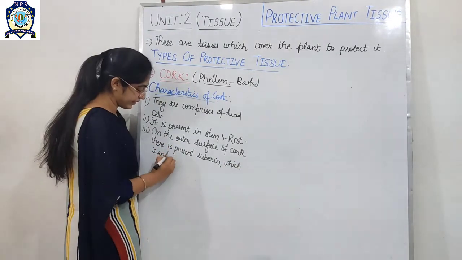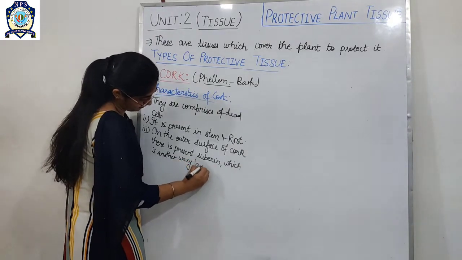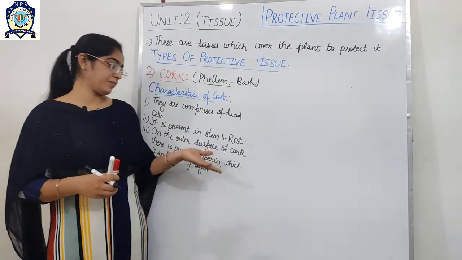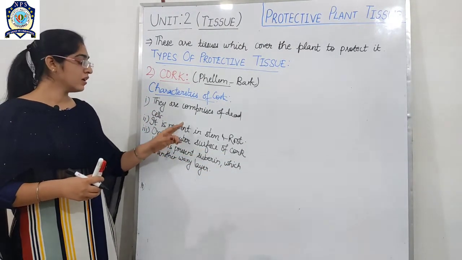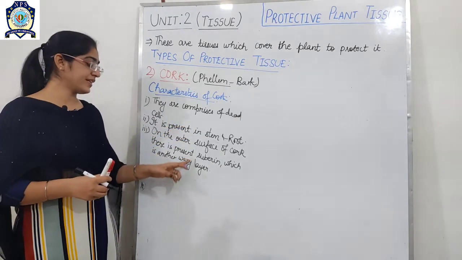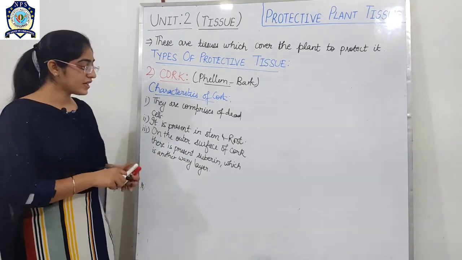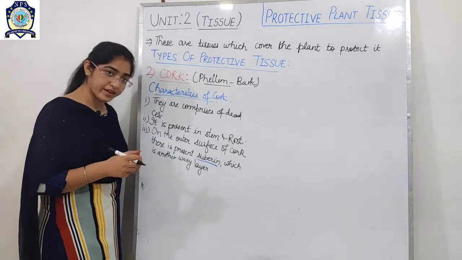As we have studied in the epidermis, there is the cuticle, while in case of the cork there is another layer, which is the suberin.